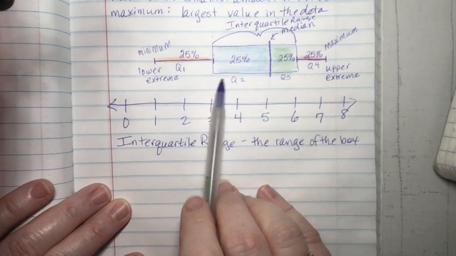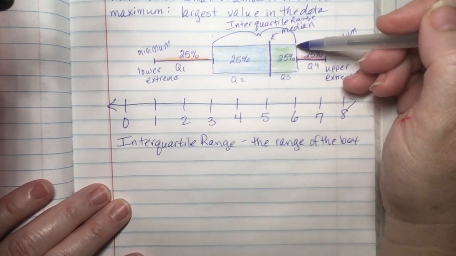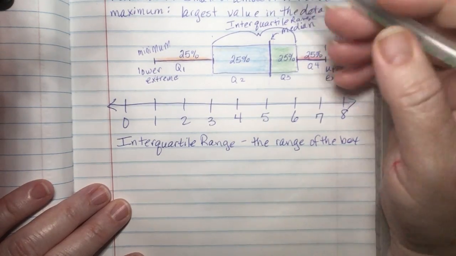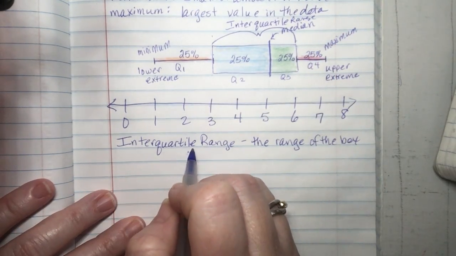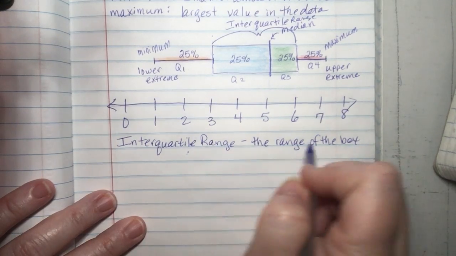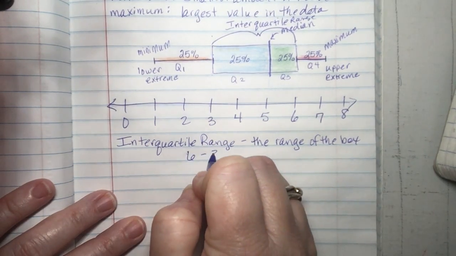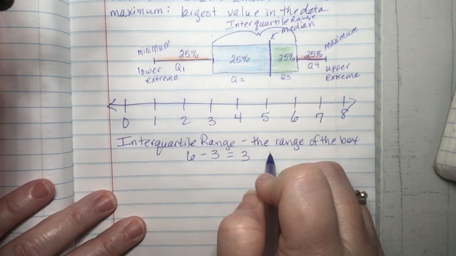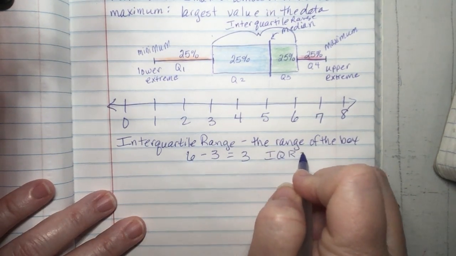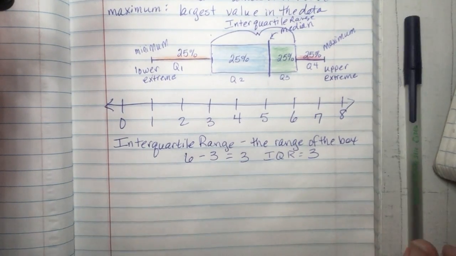It's the range of the box. So the interquartile range would be this value is 6, this value is 3. So we would say 6 minus 3 equals 3. So the IQR, interquartile range, is 3.